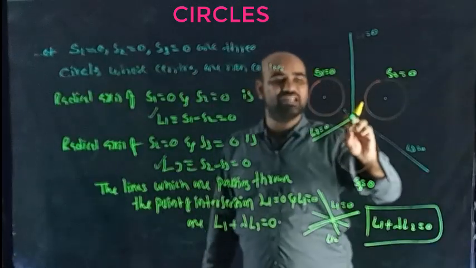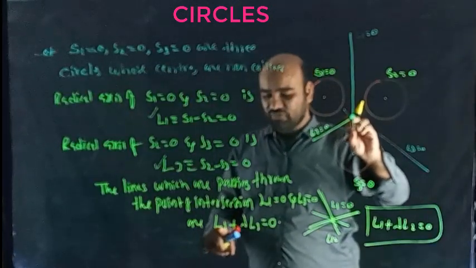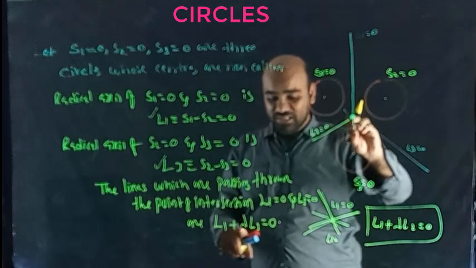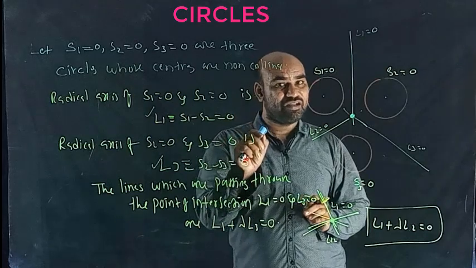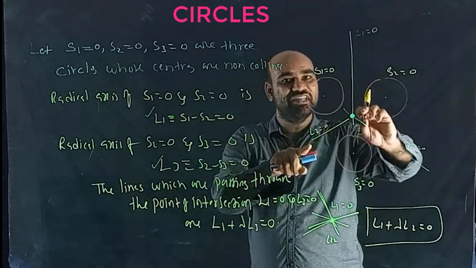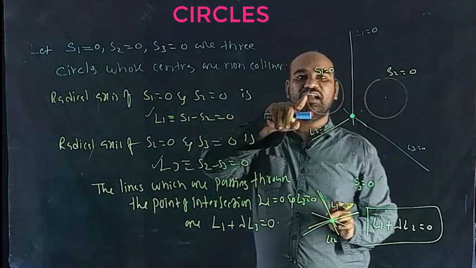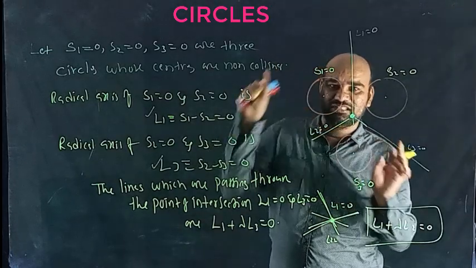There exist many lines passing through this point in the form L1 plus lambda L3 equal to 0. Now it is enough to prove that there exists a lambda so that this line is nothing but the radical axis of these two circles.